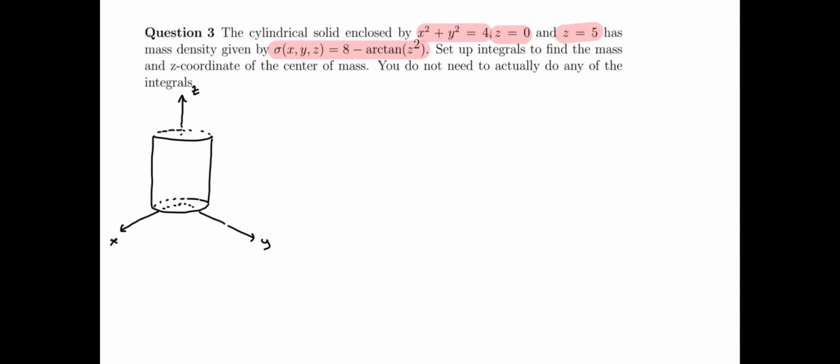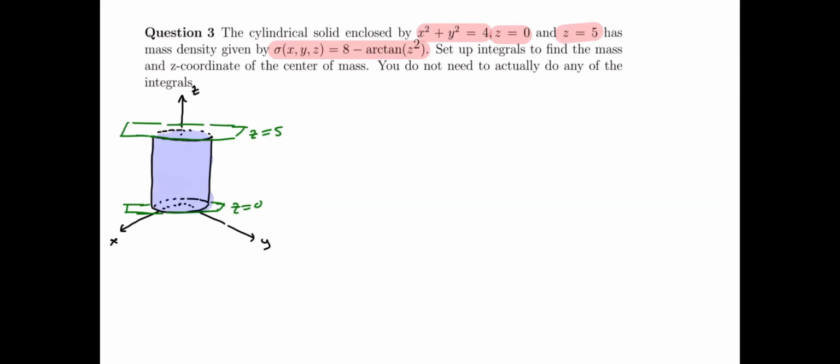So z equals 0, well, that's this plane right here. And let's suppose z equals 5 cuts it off right here. So the solid we're looking at is this right here, just between these surfaces. Okay, so this is our solid.